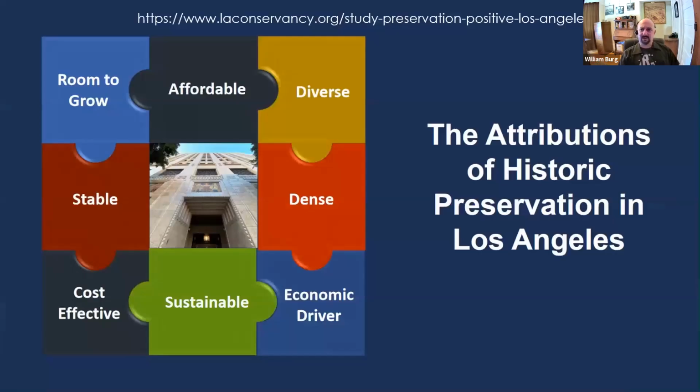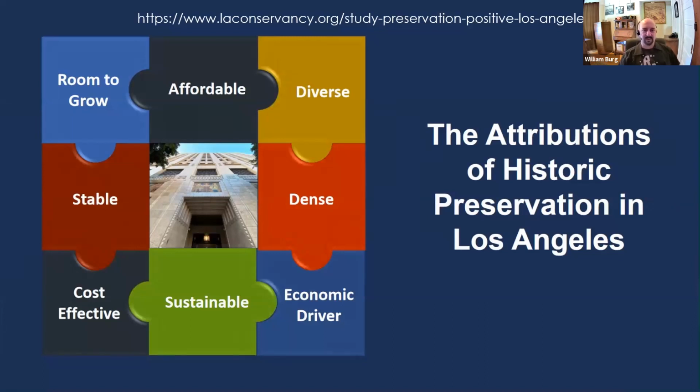And there's a very common misconception about historic properties that they're much more expensive. The city of Los Angeles, or actually the LA Conservancy, that's our parallel organization, LA's citywide preservation organization, just did a study called Preservation Positive Los Angeles. The URL is on the top of this, and I'll post it into the chat later.